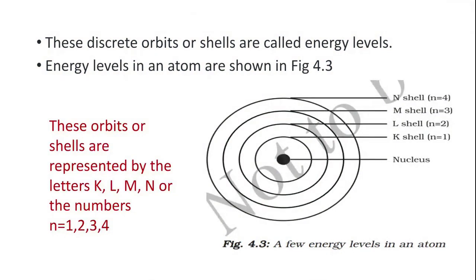So he named them K, L, M and N. These orbits or shells are represented by the letters K, L, M and N, or the numbers 1, 2, 3, 4. In these orbits the electrons are present, and while revolving they do not lose their energy, and they can continue to go around the nucleus.